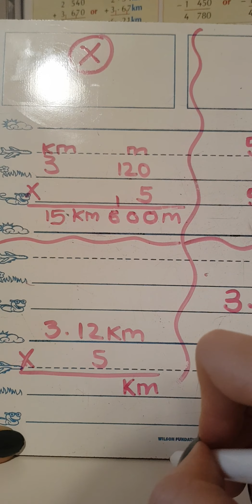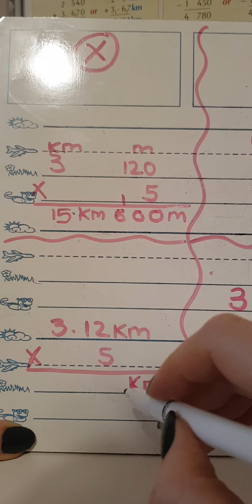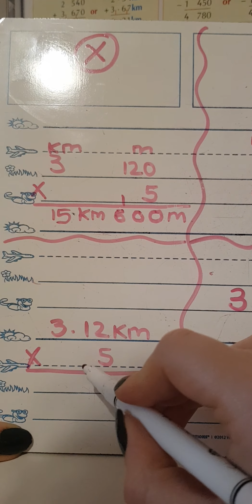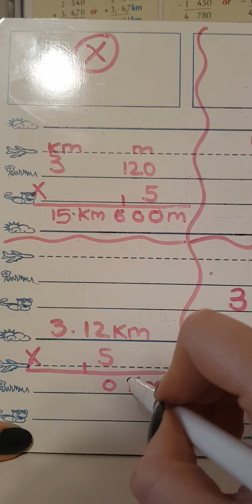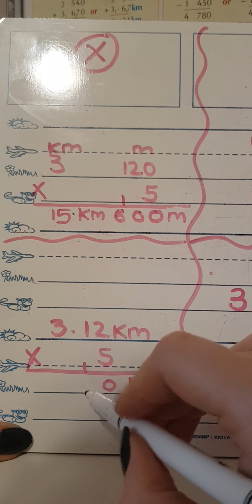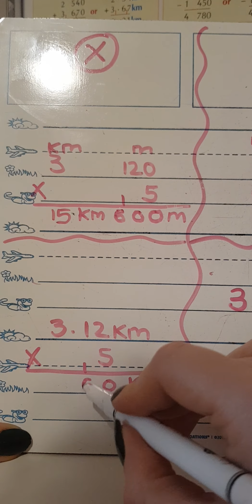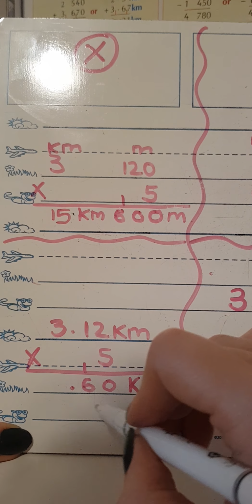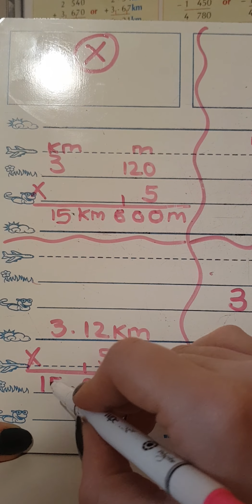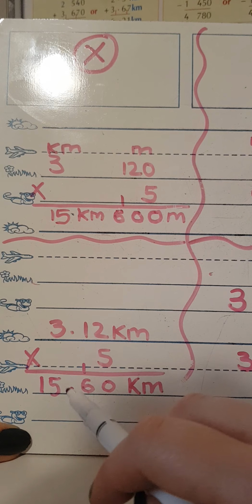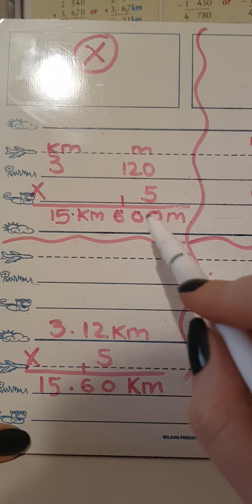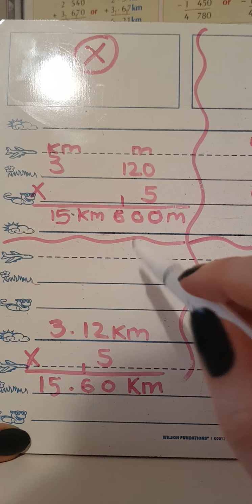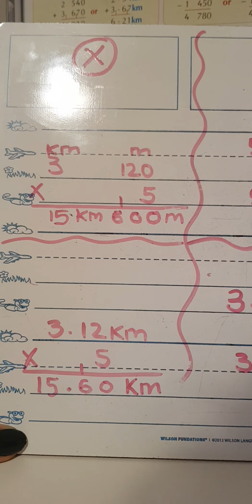I'm going to keep it in the same place for the answer. Then 5 groups of 2 gives me 10. 5 multiplied by 1 is 5, plus 1 is 6. Decimal point in the same place. And then 5 multiplied by 3 gives me 15. So my answer is 15.60 kilometers, which means the same as this. It's just two different ways of doing it.